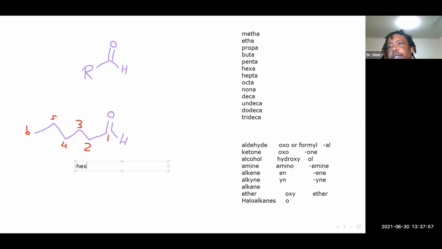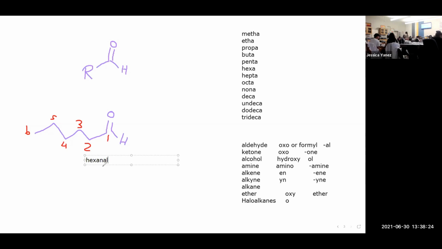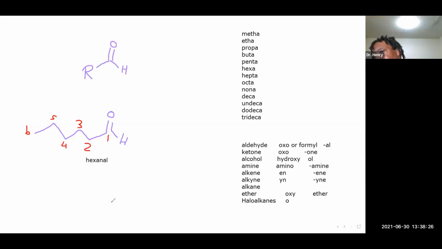Hex. Hex, and since there's no double bonds or triple bonds in there, we'd use AN and then AL. Hexanal, okay? Simple? What if I have this?